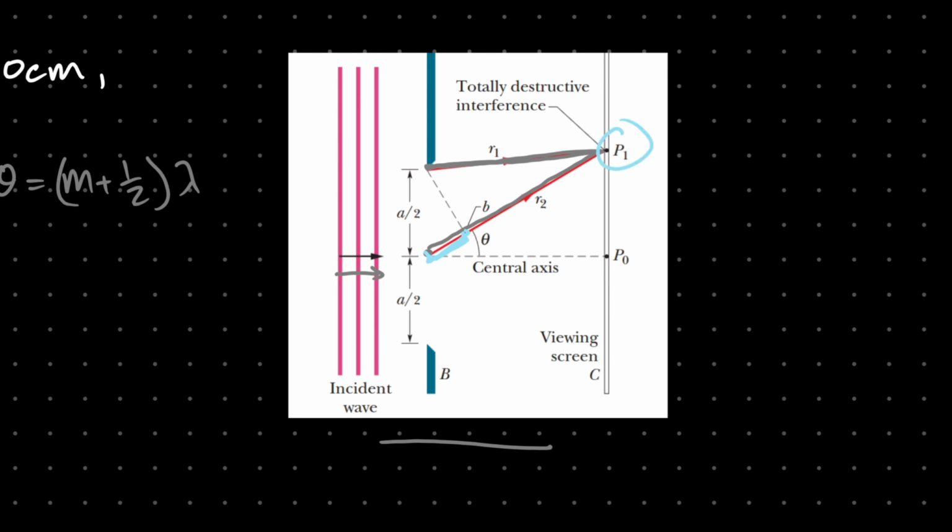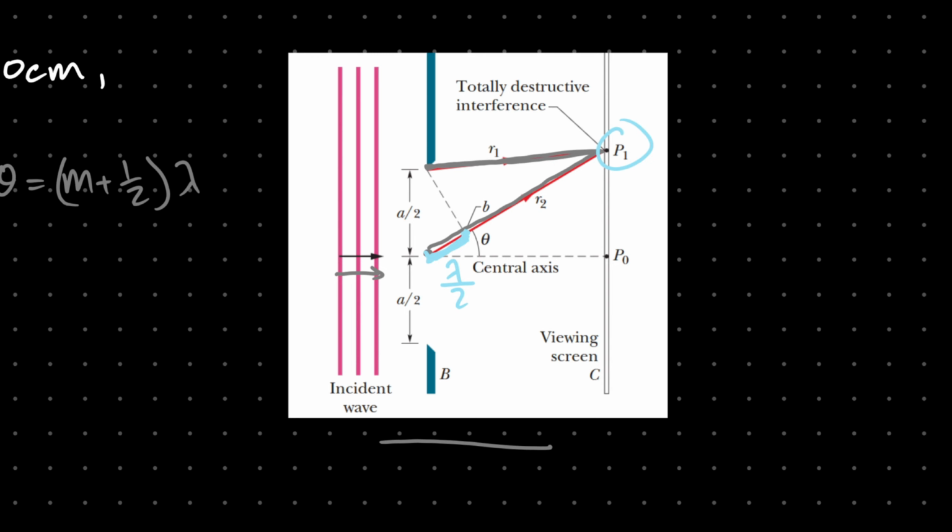So if we know that P1 is a point of totally destructive interference, then we know that the extra distance that ray 2 travels has to be off by half of a wavelength. So this distance right here has to be 1/2 of a wavelength.